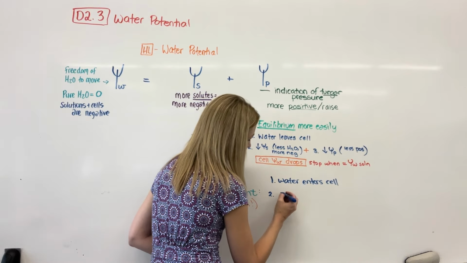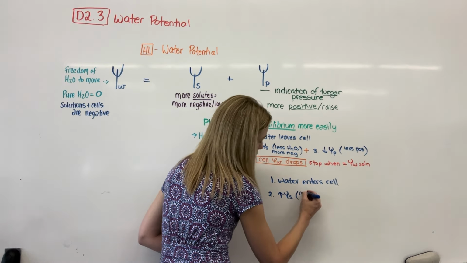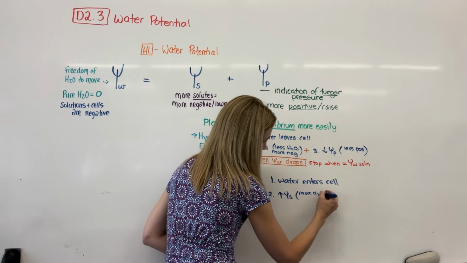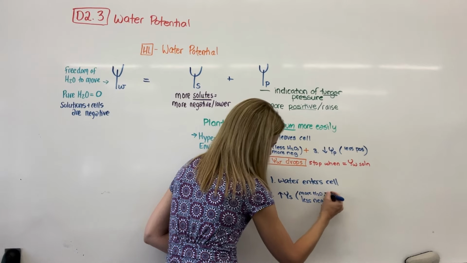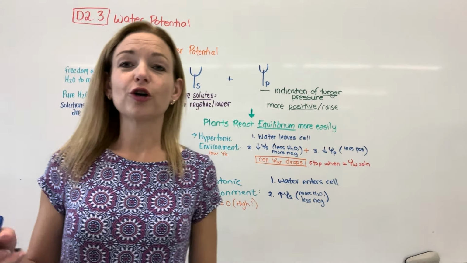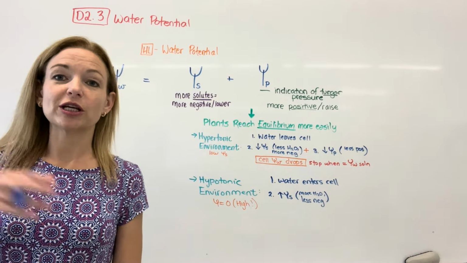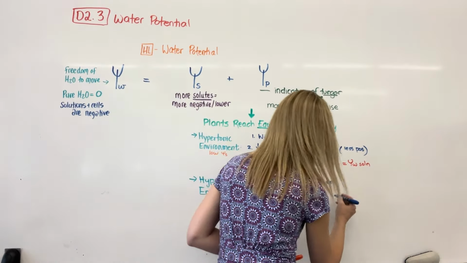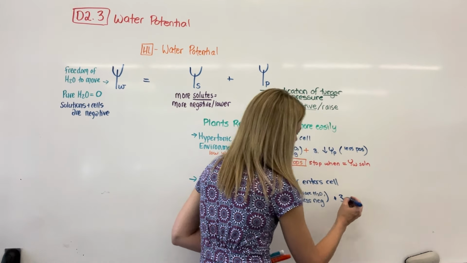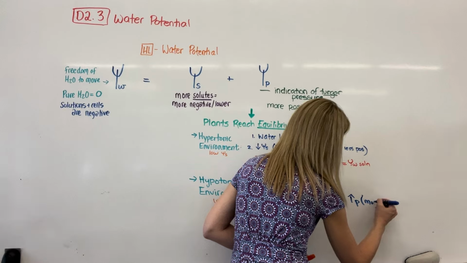So we are going to increase the solute potential, or it's going to have more water and be less negative. So the negative solute potential is going to get less negative because we're diluting it. But the other thing that's really important is that when this happens, we are also going to increase the pressure potential. So it's going to get more positive.